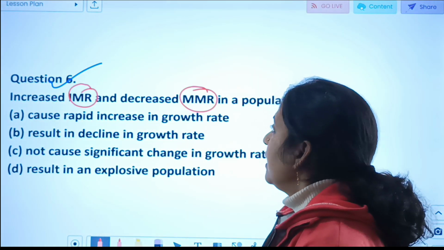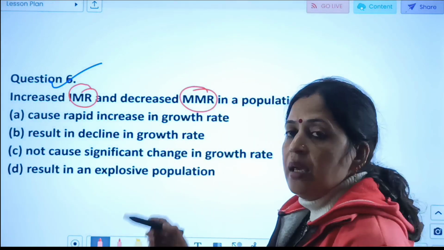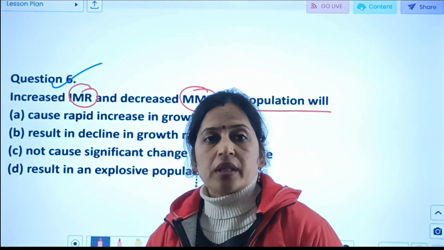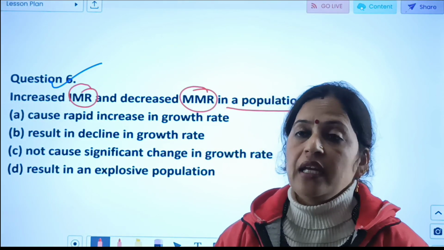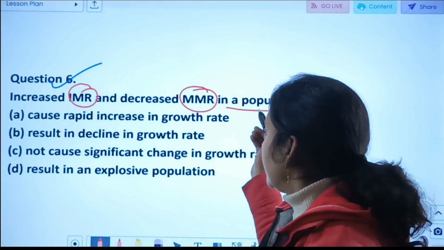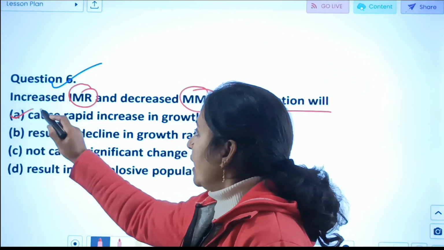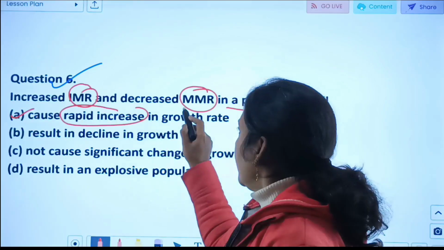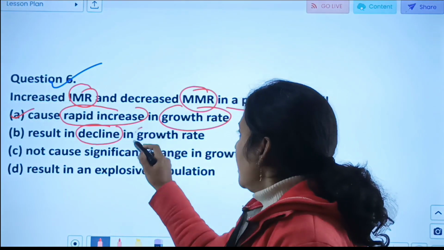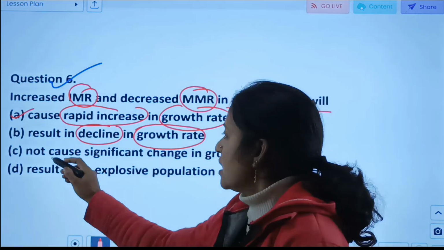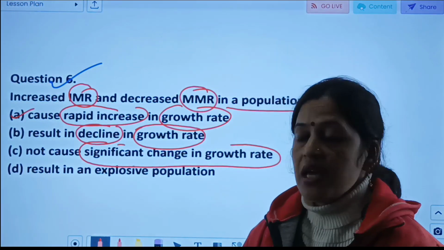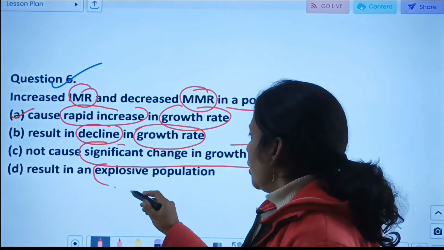Increased IMR and decreased MMR in a population will either cause rapid increase in the growth rate, second one is result in decline in the growth rate, the third one is not cause significant change in the growth rate, and the last one is result in explosive population.